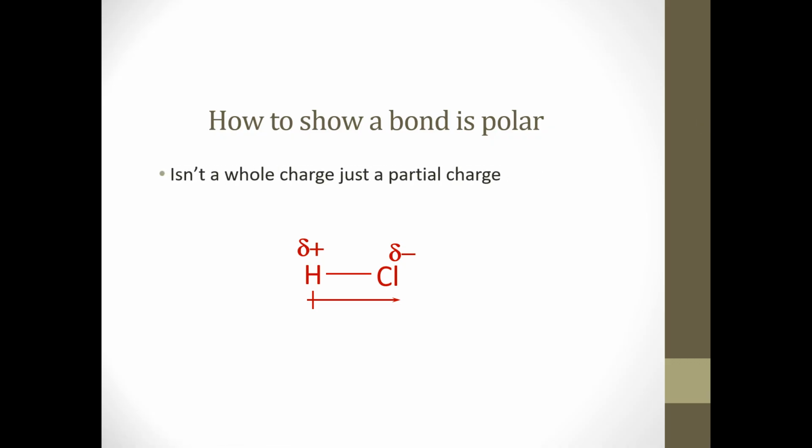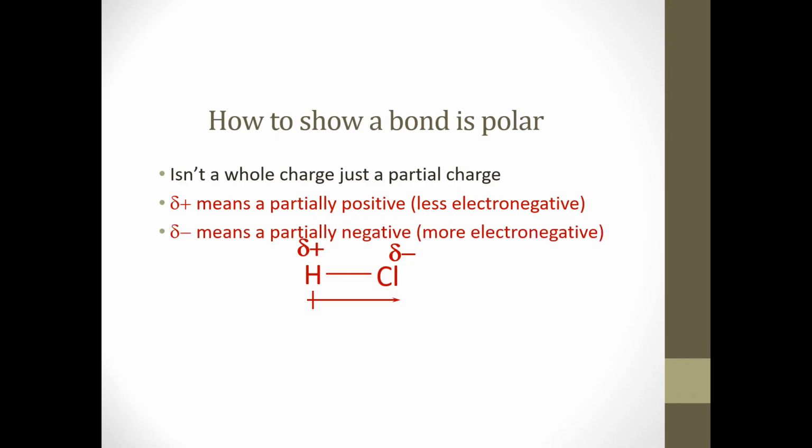That charge is not absolute. This is a partial charge. So when we do a little delta or that little squiggle, that means it's a partial charge. Delta plus means it's got a partial positive charge, and delta minus means it has a slightly negative charge. It's not going to be a complete charge.